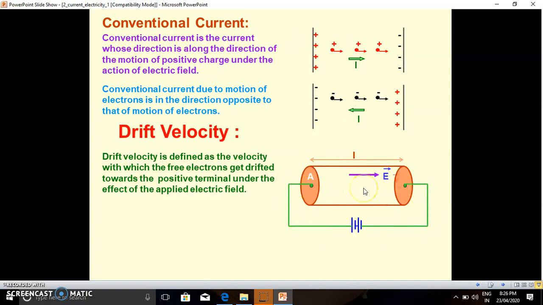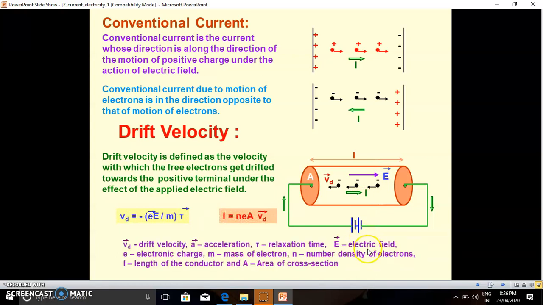So if these electrons drift from the negative terminal of the battery to the positive terminal, definitely they are going to collide with positively charged particles, and the time taken by the negatively charged electron between two successive collisions with positively charged particles is called the relaxation time.